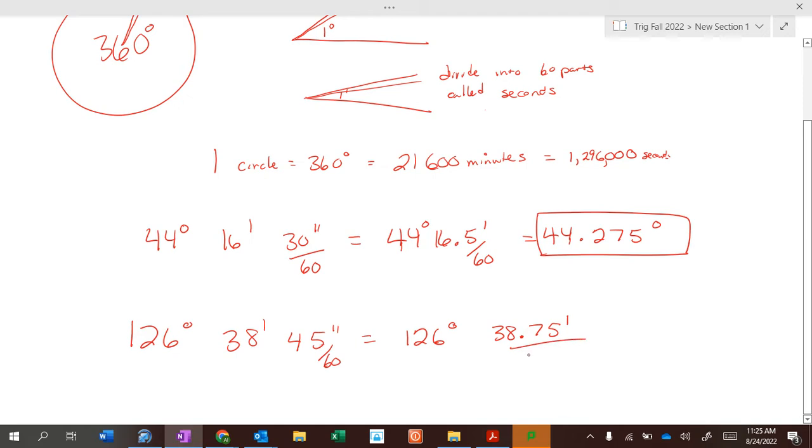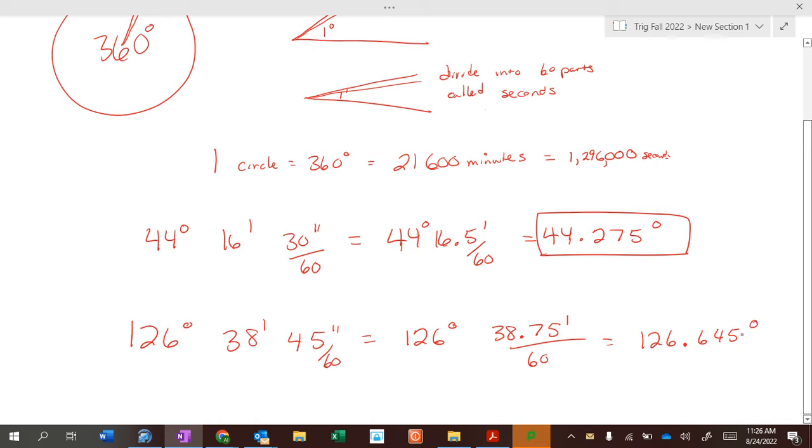And we take that part and divide it by 60, which gives us 126 point what, and it's going to be almost 0.6 something, right? 38.75 divided by 60. 0.646, basically round to 3 decimal places.